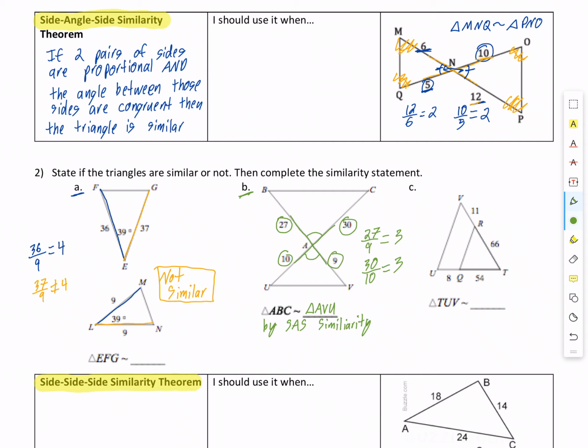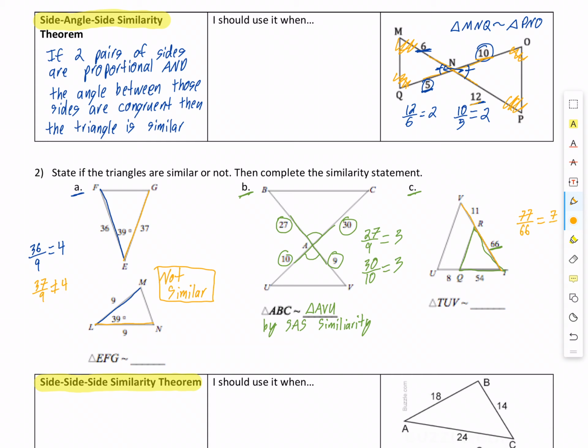Okay, so last application is C here. So we need these different sides to be proportional. So we would have to look at 66, and this smaller one would have to be proportional to this bigger one. And 66 plus 11 is 77, so we'd have 77 over 66.